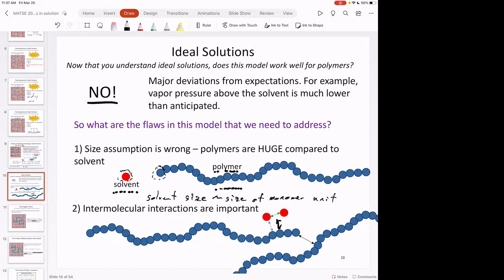So it doesn't prefer to mix based on the intermolecular interactions. And if you take sodium chloride and put it in water, of course, the intermolecular interactions with water are very strong. And so you get solvation of those ions and it dissolves.